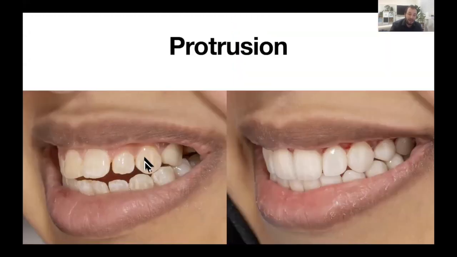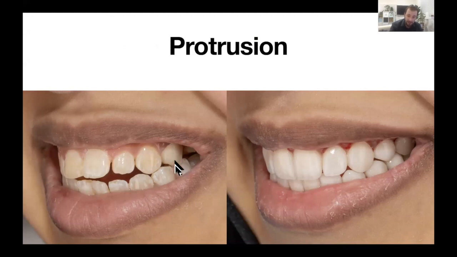In this nice case that I posted last week, we got the privilege of reducing the protrusion on the patient and restoring the normal harmony of the natural smile. And of course, in the treatment planning with your patient, you want to pinpoint their concern in order to fix it.